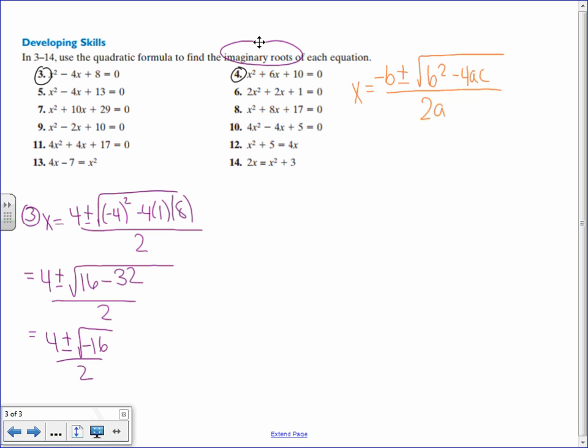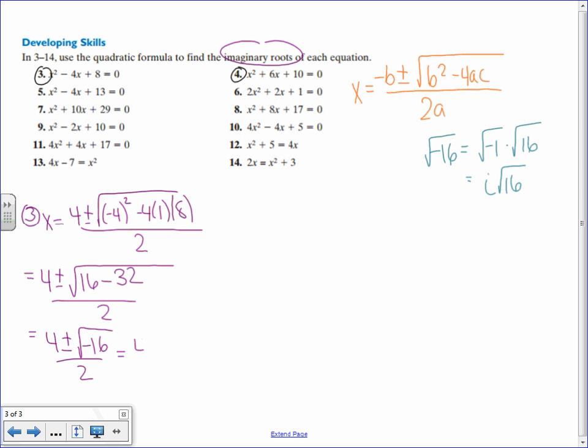Okay, remember, and I'll put this over here, we can rewrite the square root of negative 16 as the square root of negative 1 times the square root of positive 16. And the square root of negative 1 is i. So this is just i times the square root of 16. So I'll write that over here.